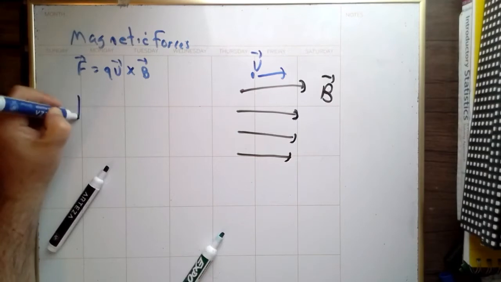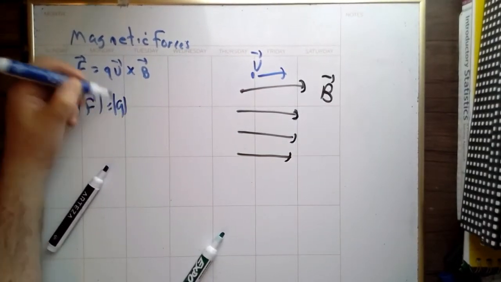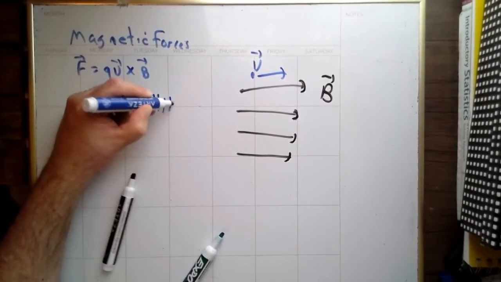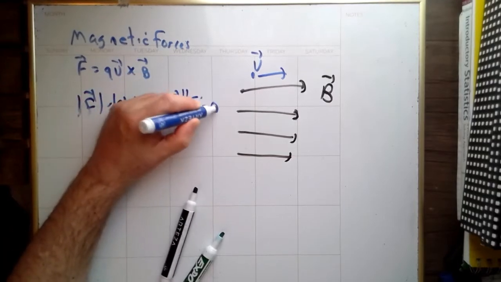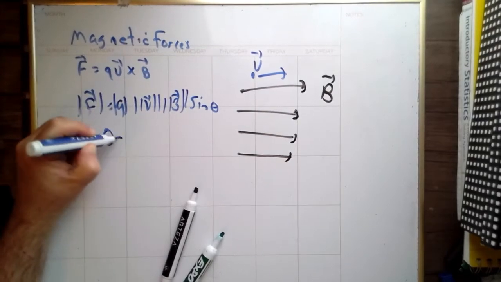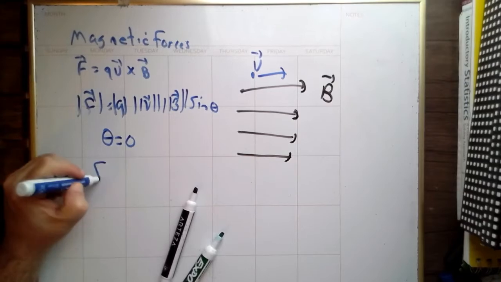Well, remember, magnitude of F is absolute value of Q, magnitude of V, magnitude of B, times the sine of the angle between them. What's the angle between V and B here? My angle was 0, radians or degrees. Sine of 0 is 0. There's no force.